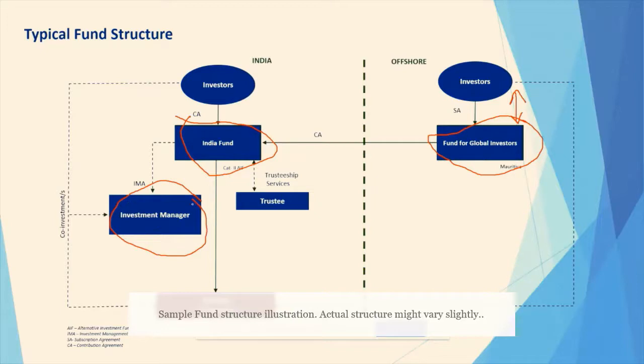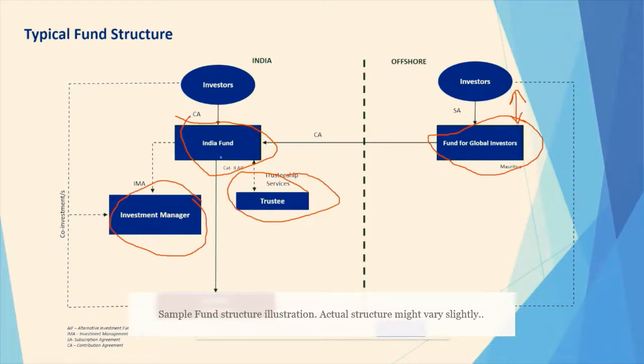This can be a different entity formed altogether, and it needs to enter into an agreement with the fund, which is called an investment management agreement. So the investment manager or investment entity will typically only draw the fees for managing the fund. All the fund related operations, the distribution related operations will be managed by the trustee here.